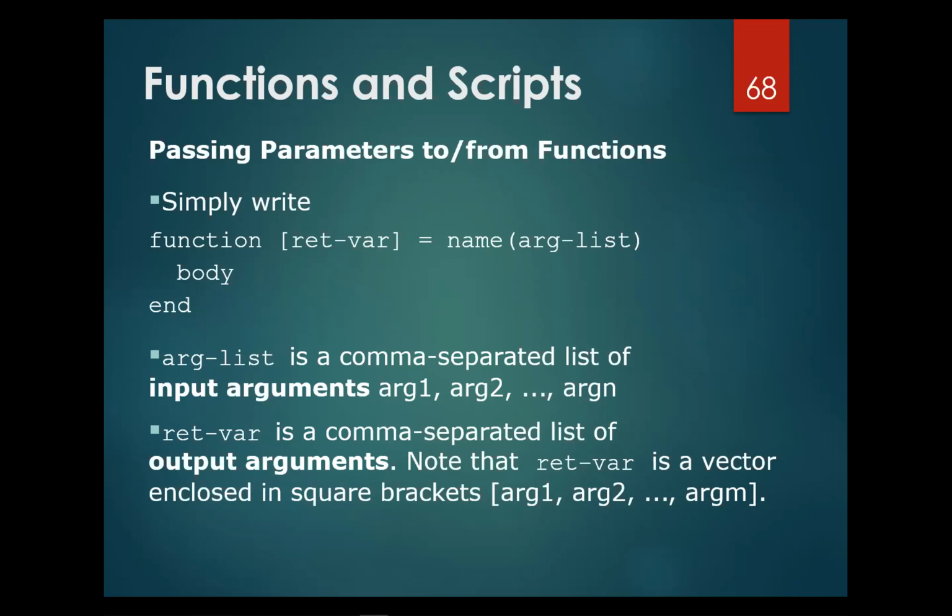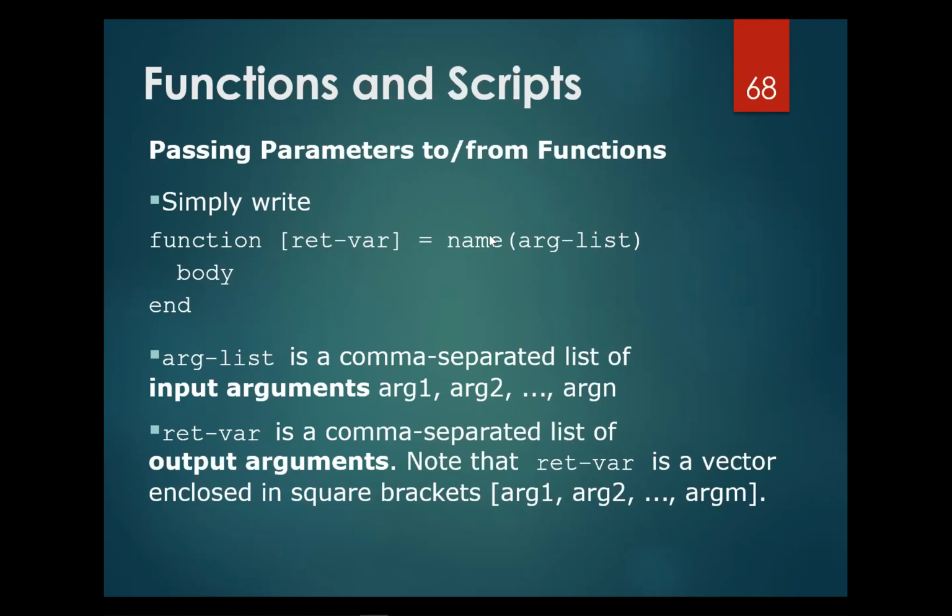For example, if I have f of x as a function, which is equal to 2x, then if I want to store the value 2x in a variable, say y, then I'll say function, then square bracket y will be the value that I'm accepting, and then f of x. The 2x, which is the function, I will define in the body.